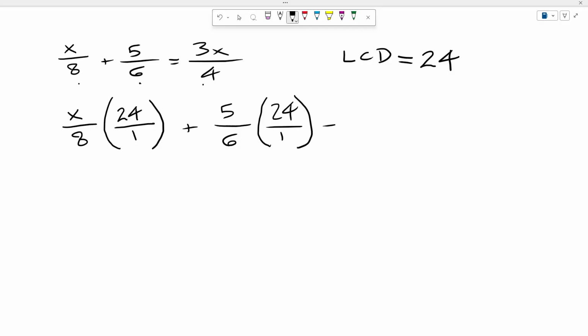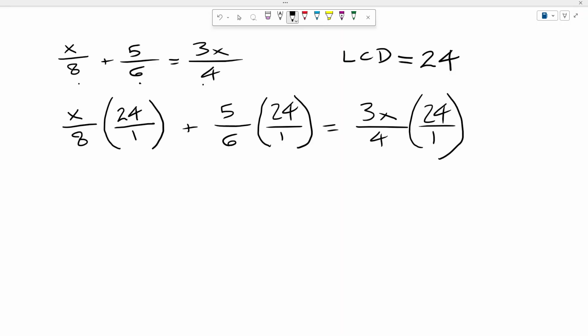Alright, so we're taking everything times the LCD, and this will allow us to get rid of the fractions.